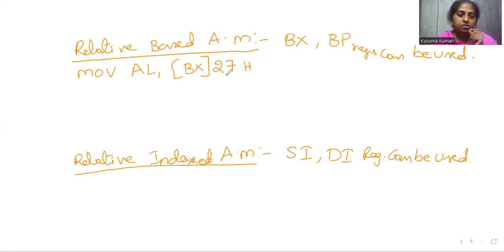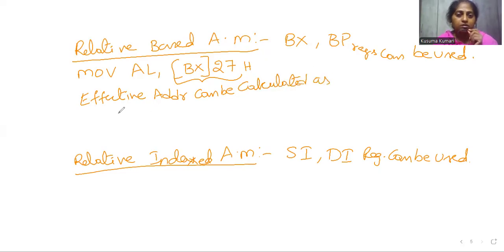Now the effective address can be calculated as the BX register contents plus 27. These two give the effective address.